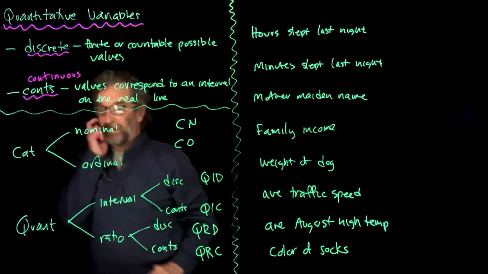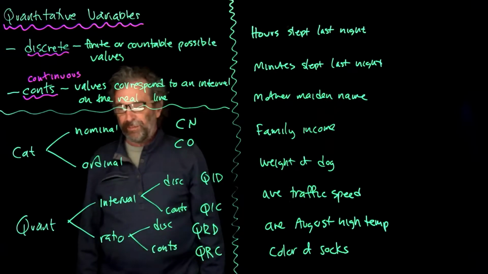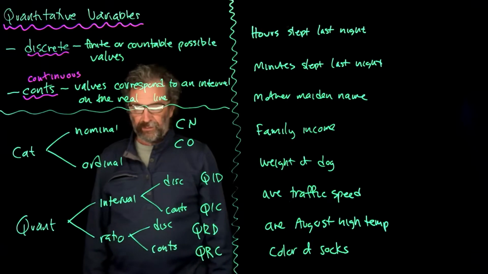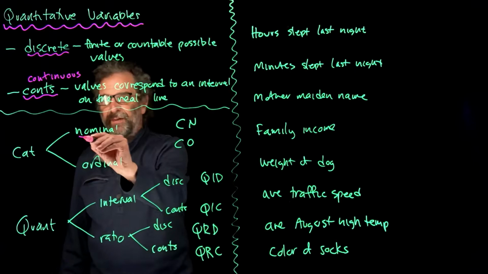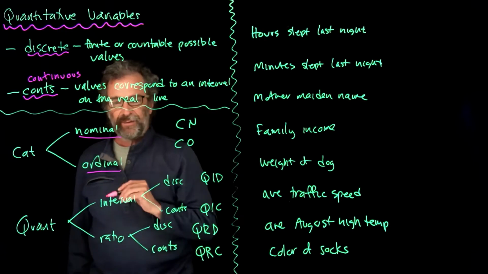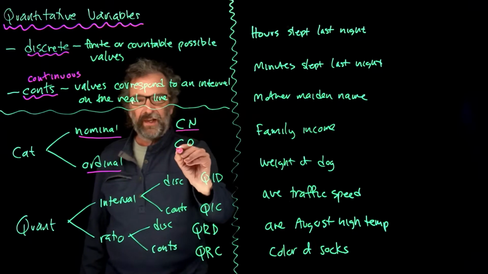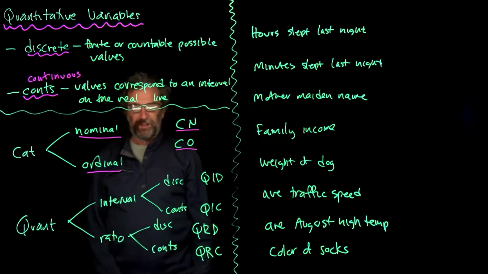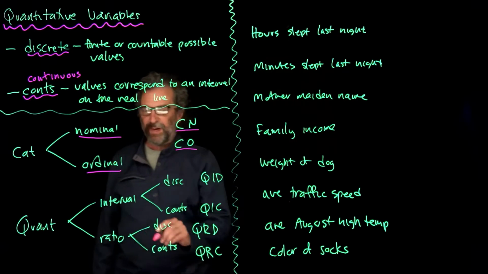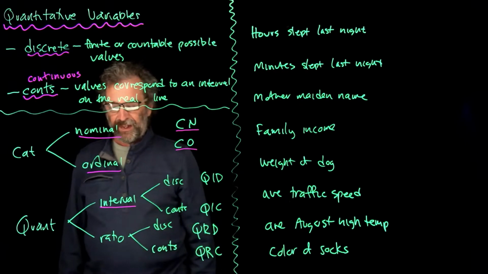And then we can see what happens as we parse out what kinds of variables you might be looking at. So this is categorical, can be nominal or ordinal, names or names with order. We could use shortcuts CN and CO, categorical nominal, categorical ordinal, to represent those. And on the quantitative side, we said interval. Interval is where it makes sense to subtract values.